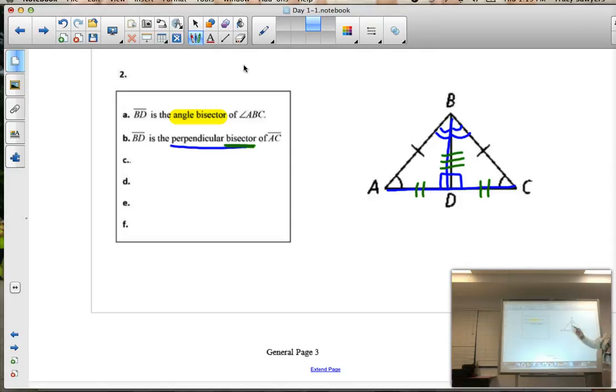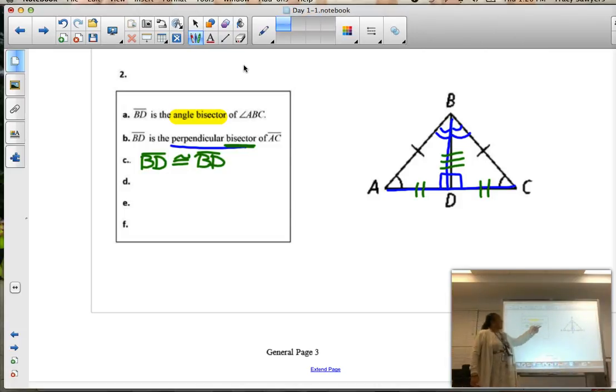So someone tell me what to write for what we just marked. BD. And that is called reflexive. We're going to use that a lot in our proofs. All right, let's keep rolling.